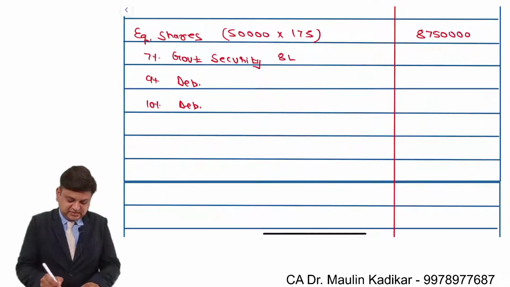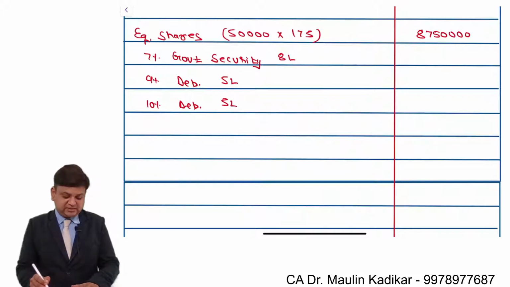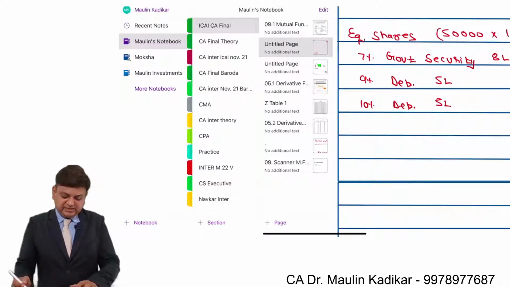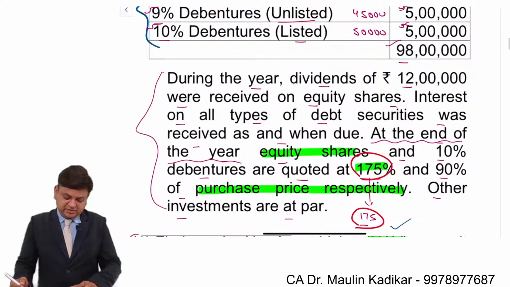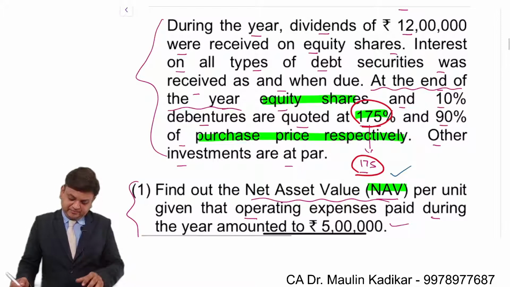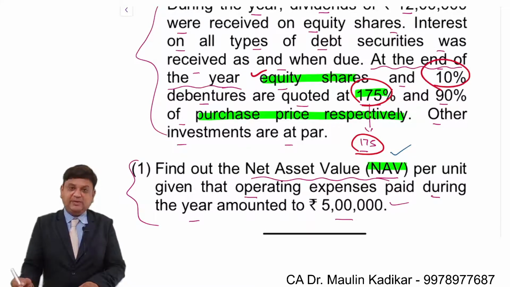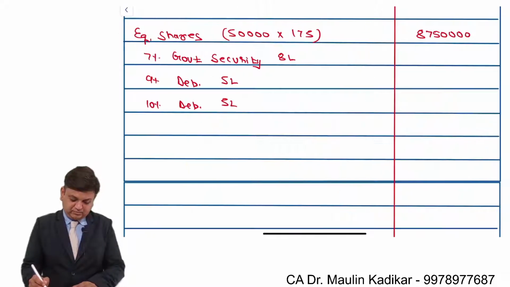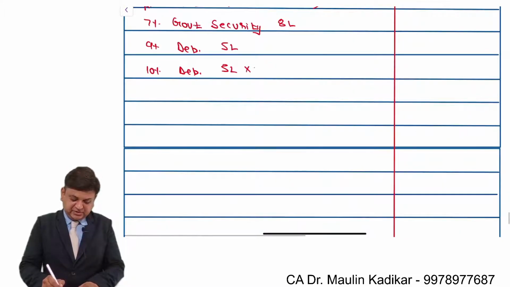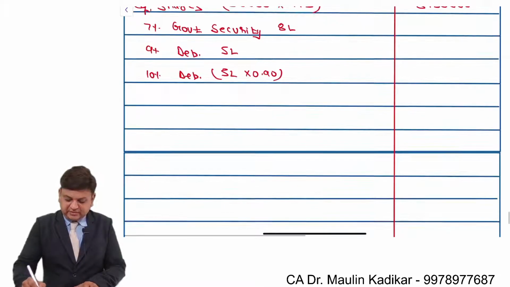This is 8 lakhs, this is 5 lakhs and this is again 5 lakhs. You can see that the question is providing the information that at the end of the year equity shares are valued at this price and 10% debentures is valued at the rate of 90%. So for this the valuation is 90%. So it is 4,50,000.